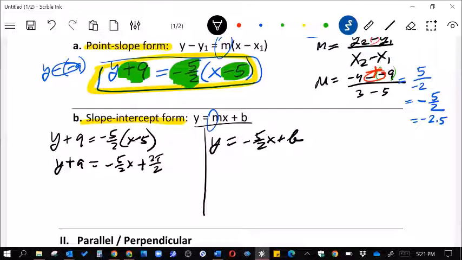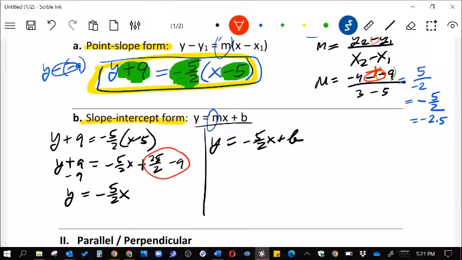Okay. And then I'm going to subtract 9 from both sides. So I get y is equal to -5/2x. Well, now, what do we have here? Let's think about this. We can't do it. We either have to make this into 18/2, or we can make 25/2 into its decimal of 12.5 minus 9.